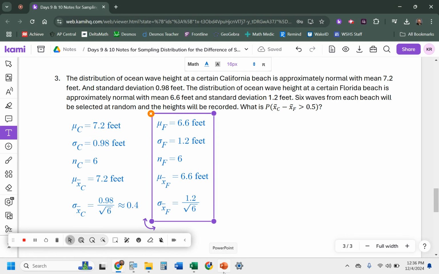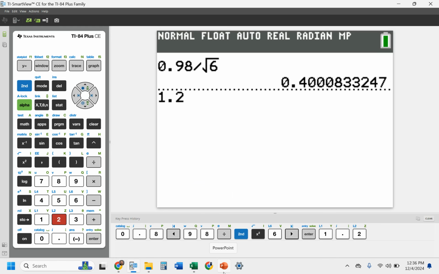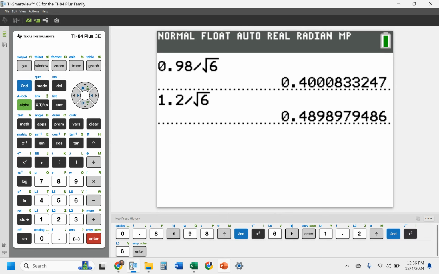They were taking 6 waves from each beach. That is going to be approximately 1.2 divided by the square root of 6 again, and we get about 0.4899.